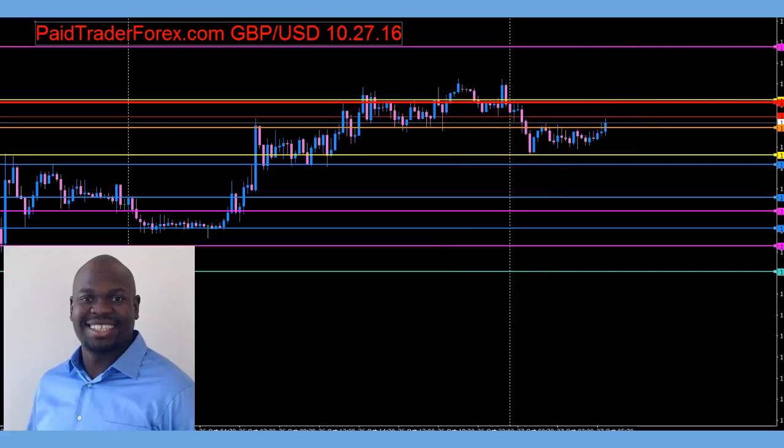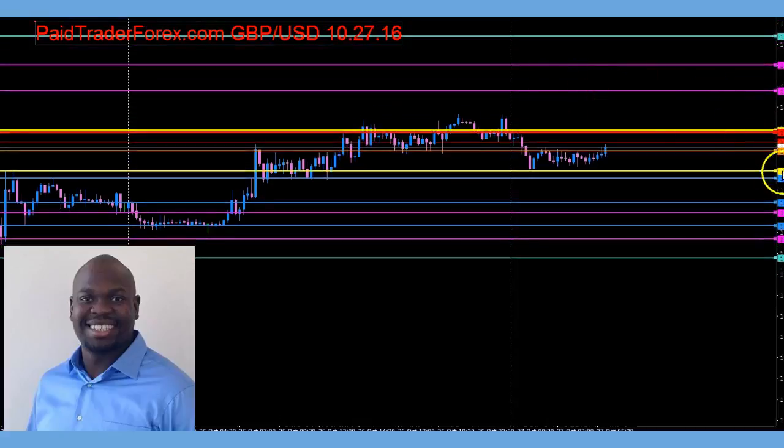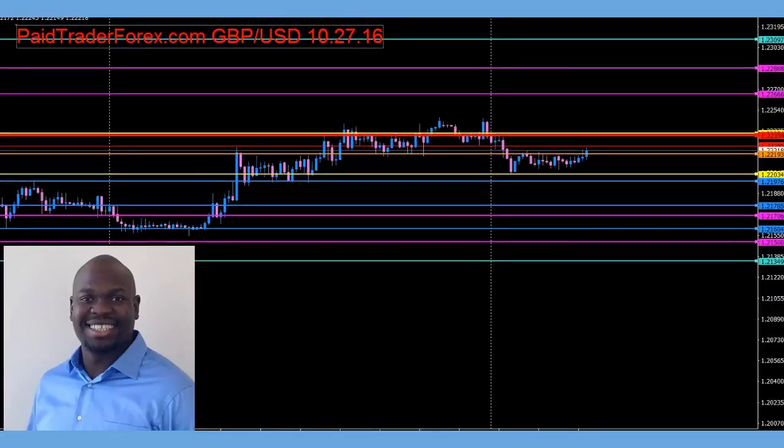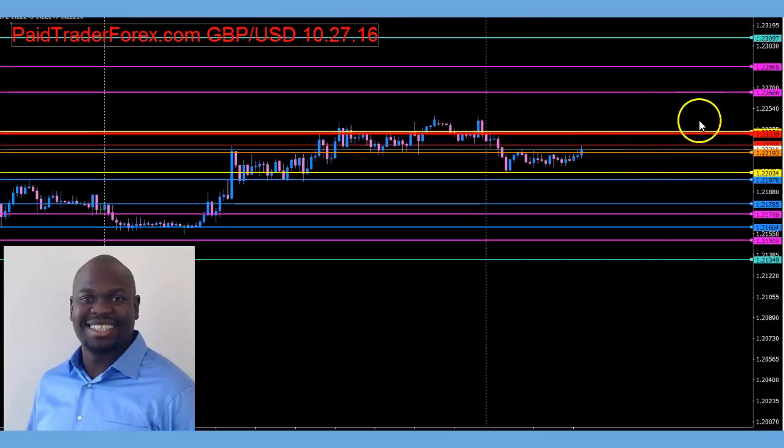So I'll be looking for a short right in here. Okay, so looking for a short right in here. The 2266 area. Then we also have the 2286 area. So about 20 pip area with a solid upside resistance.